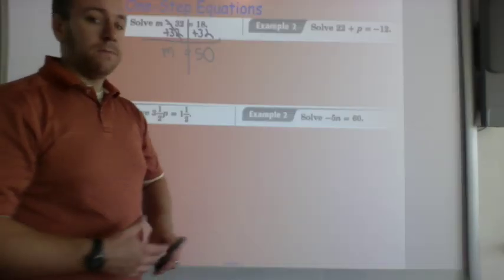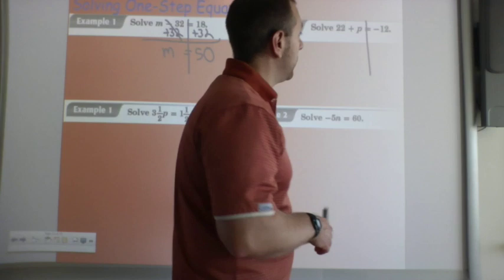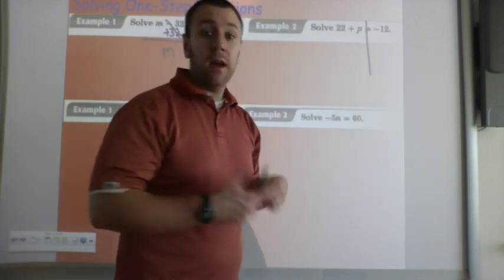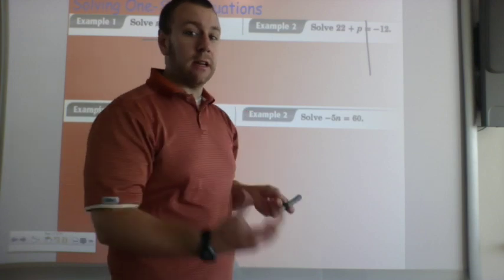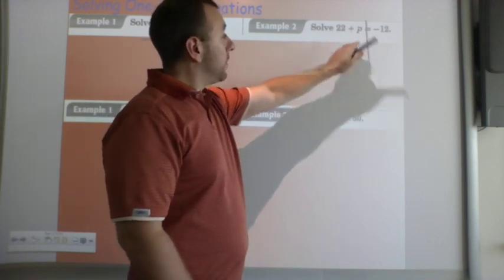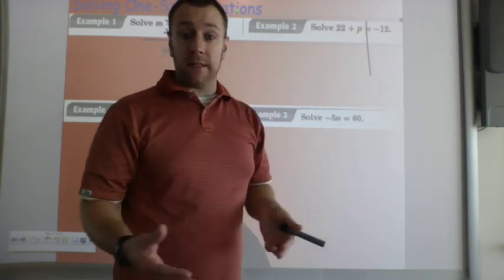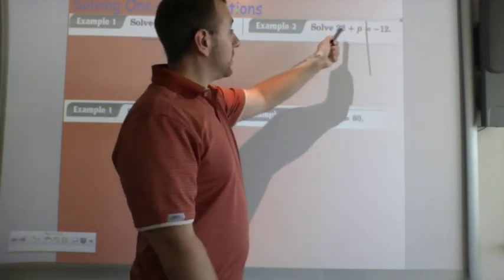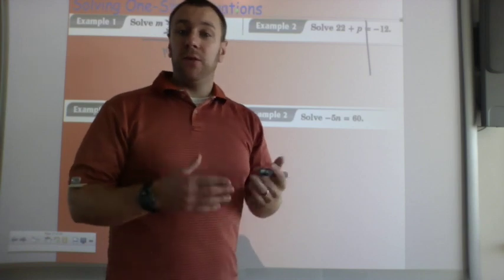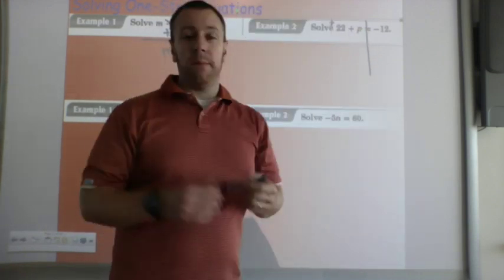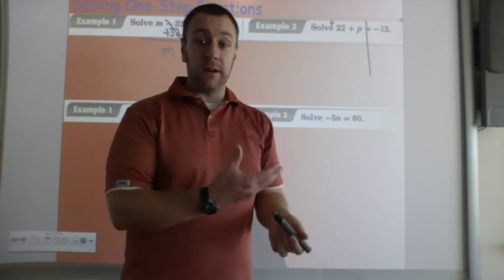For the next one, again I'm going to draw the line, and it's 22 plus p equals negative 12. Well, the first thing I need to identify is what's happening to p. Well, there's a plus sign. Okay, so p is positive. Well, what is this 22? If you just see a number, 22, that means there's an invisible plus, or a positive sign in front of it.